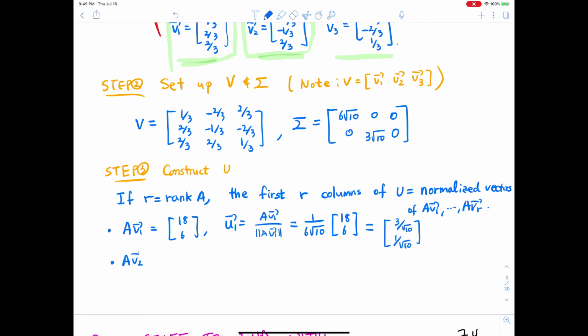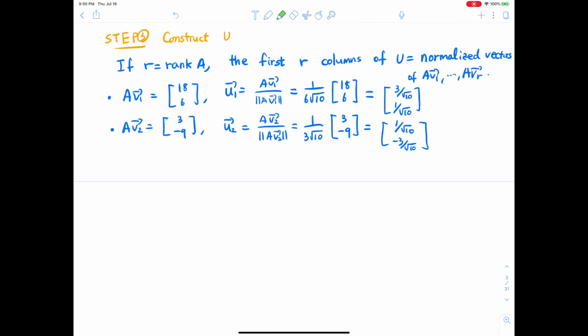Similarly, AV2 equals 3 and negative 9. So U2 should be the normalized vector of AV2. You divide that by its magnitude, the singular value, which is 3 square root of 10, and multiply it by 3 and negative 9, which equals 1 over square root of 10 and negative 3 over square root of 10.